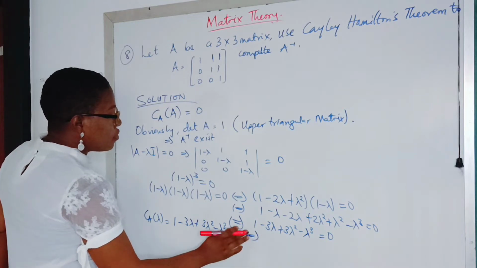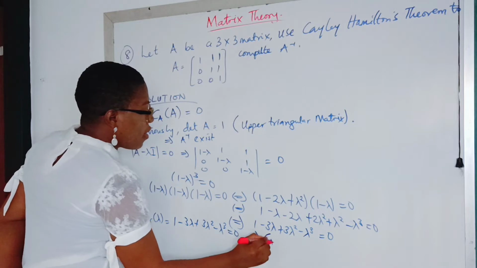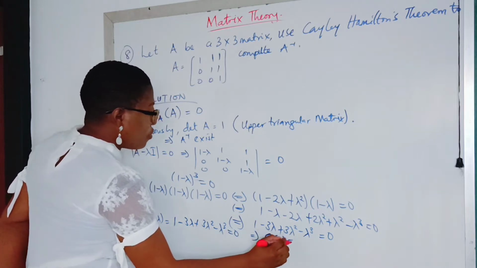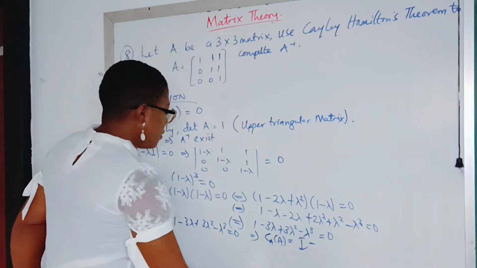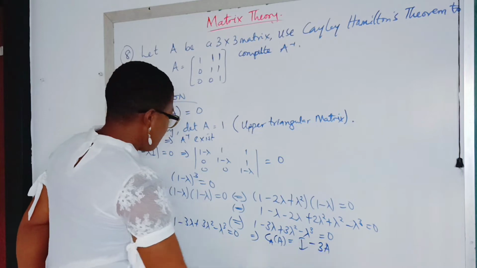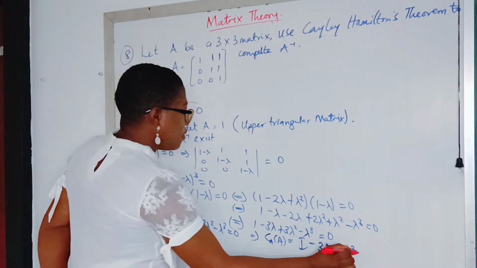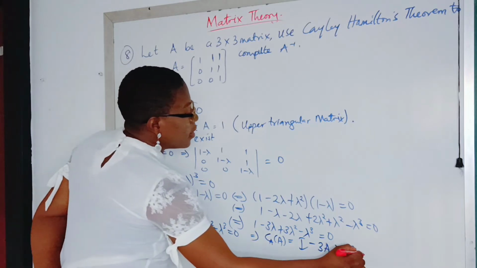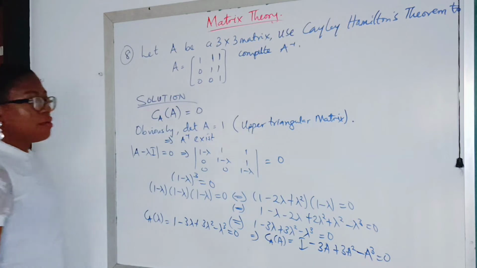If I substitute A, that means C_A of A equals I minus 3A plus 3A squared minus A cubed equals 0.